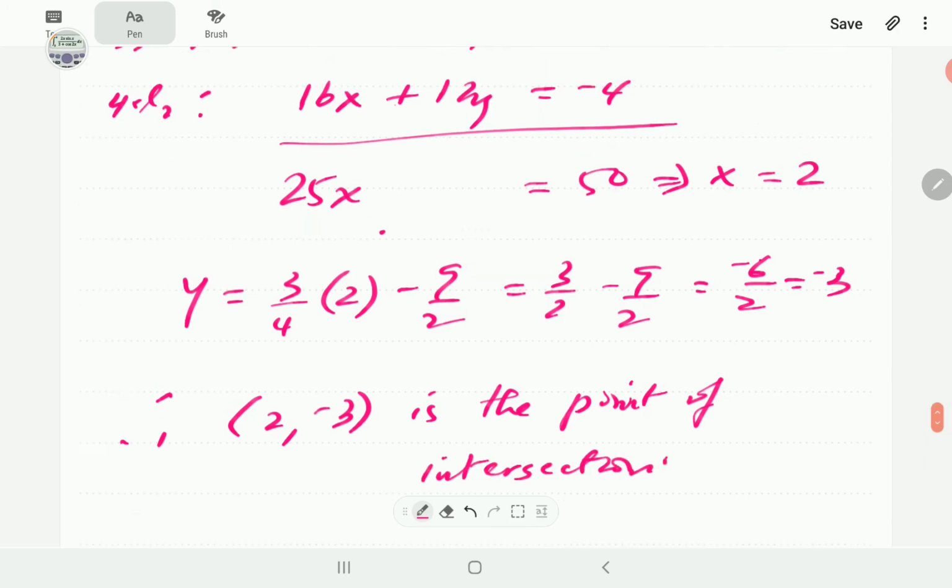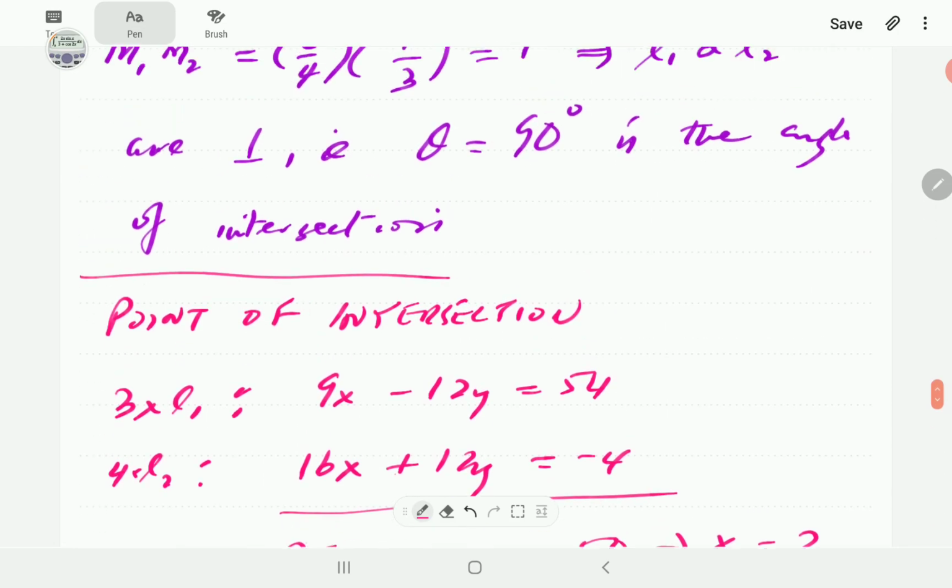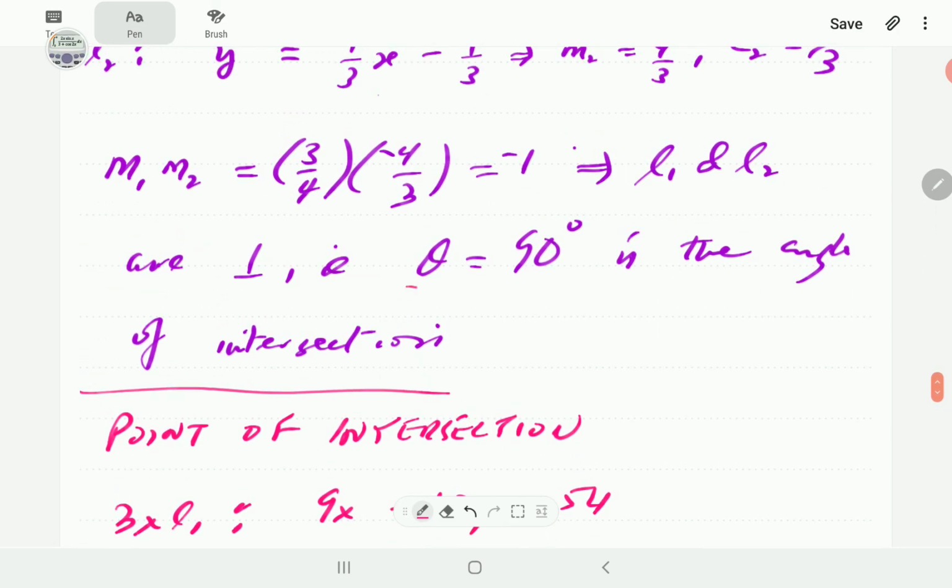Alright, so this time, because the angle was determined simply from this analysis, we did not have to do a sketch.